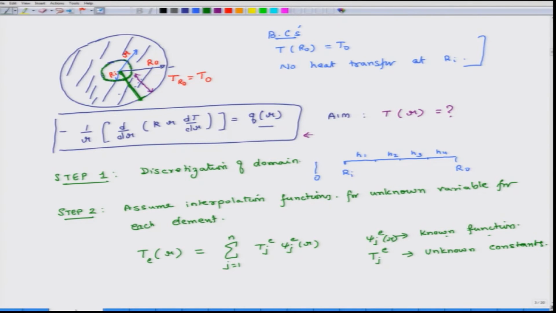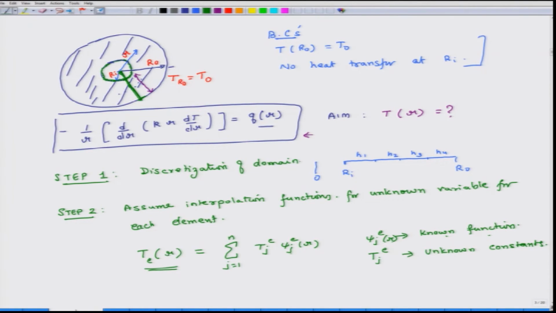In this case it would not be a plus bx, but maybe a plus b r, because the variable is r. So, I am saying that temperature over element e is a sum of products of Tj's and psi j's.